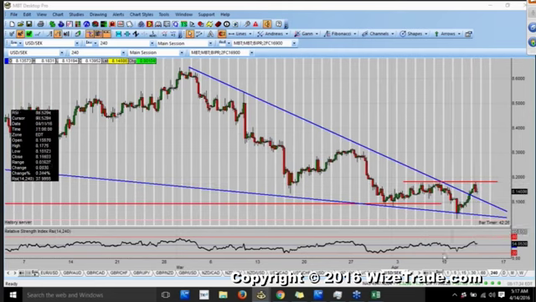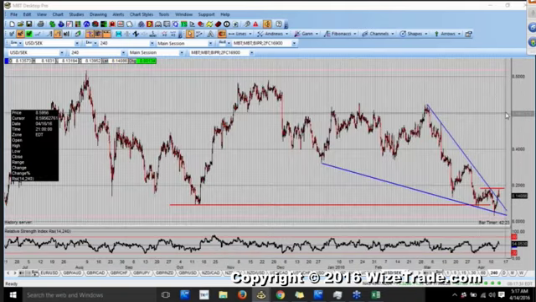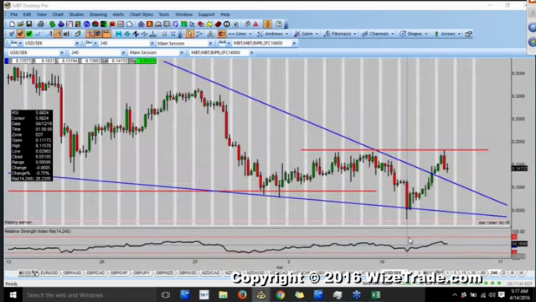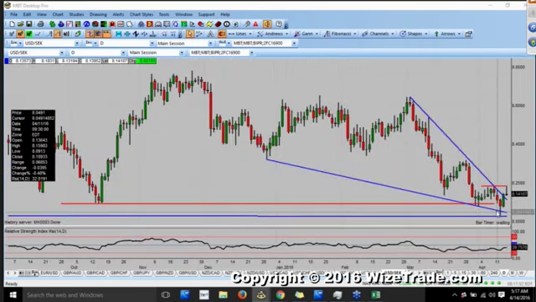I kind of want to hold this till we get back to 8.60. I really don't want to sell what I've got. I think I got such a great price. I own it right here. I don't think we're going to see that again because of that hammer.